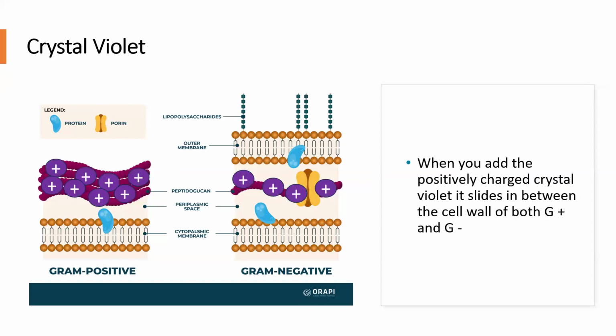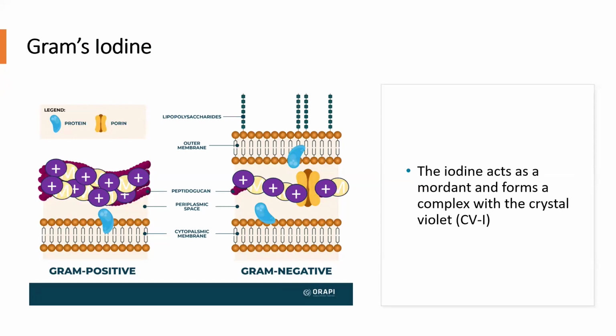And so what happens when we add the crystal violet to the slide is it's going to actually bind in there with the cell walls of the gram-positive and the gram-negative. And that's why it'll look purple at this point. Then we add in our mordant, and that's going to form these complexes between the dye and the iodine. Still going to be purple at this point.